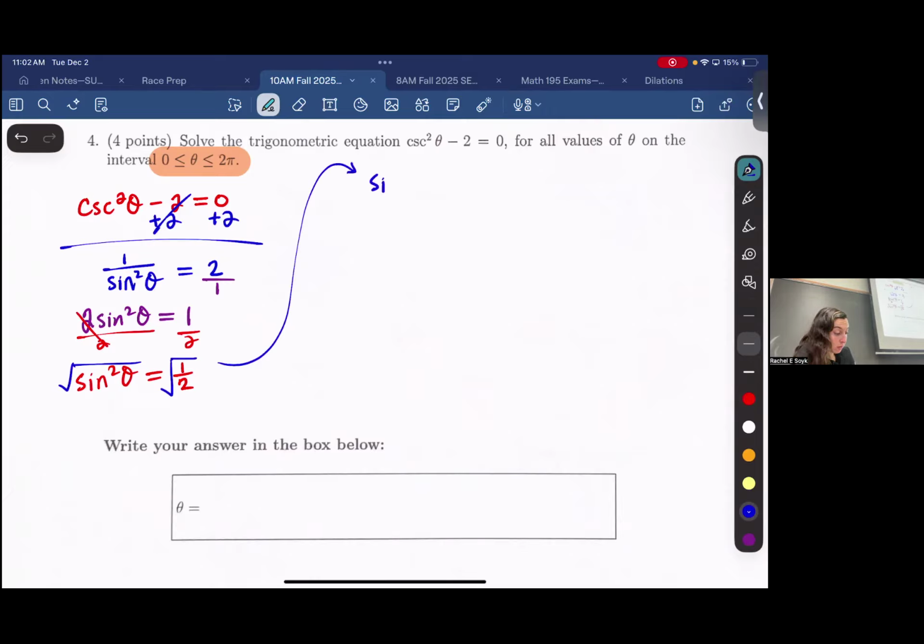Whenever you take the square root, we're dealing with plus or minus. Square root of 1 is just 1. So we have plus or minus 1 over square root of 2. Rationalize the denominator. And you're looking at plus or minus square root of 2 over 2.